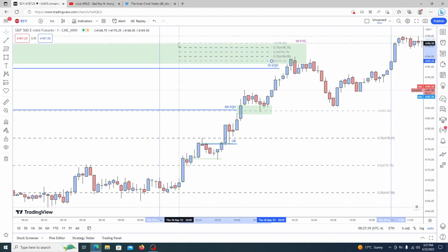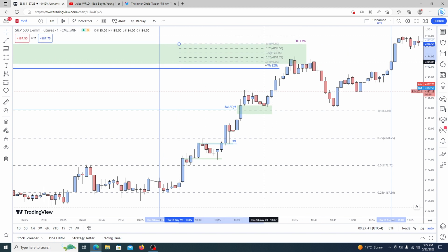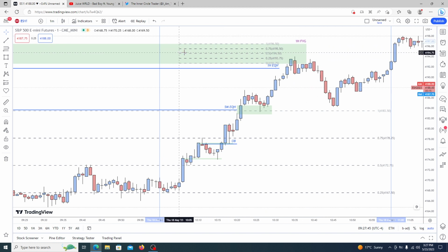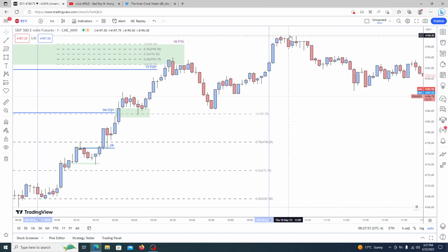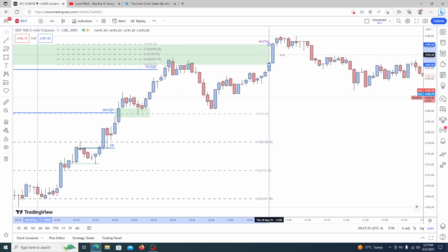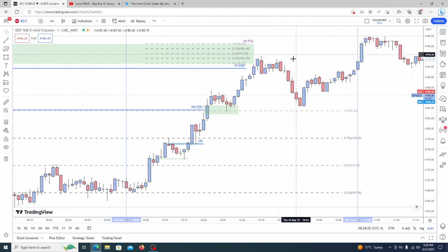Let me just go ahead and get this fixed. And you could have taken a target at the midway, you could have targeted the low and then the high, of course, which you can see price did eventually fill, and those targets would have been hit.